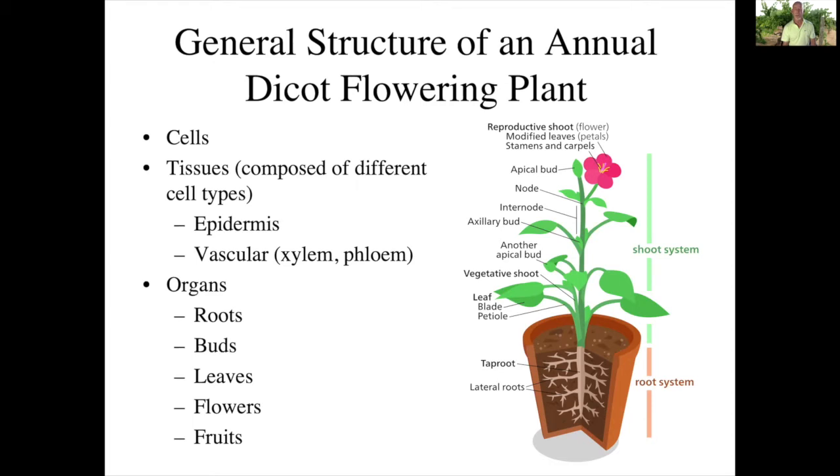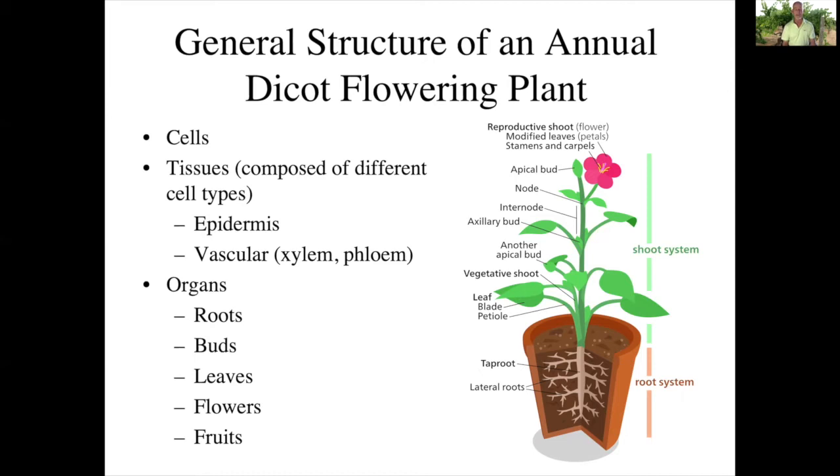So plants are made up first of cells, individual cells and different cell types. And those cell types form tissues. Those tissues are composed of different cell types. Examples of this would be the epidermis or the skin of the plant, which can be multiple layers of different cell types.